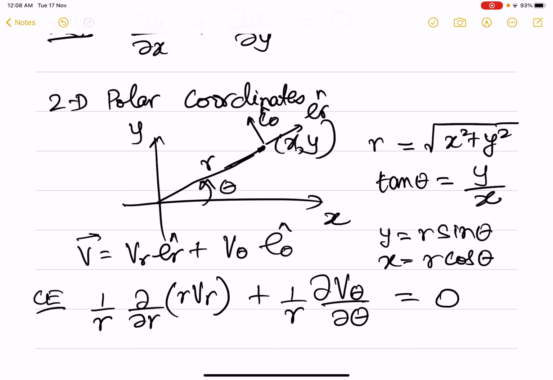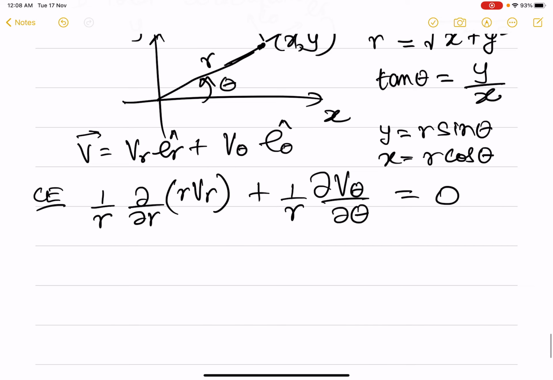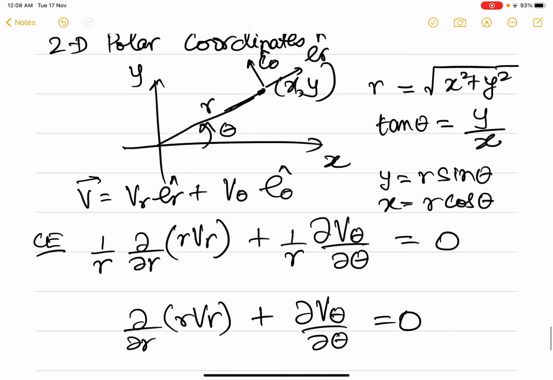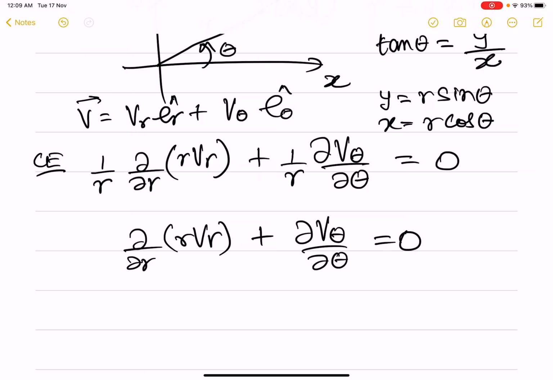Notice theta is dimensionless, whereas r has dimensions of length. Both terms have 1 over r, so this also becomes partial by partial r of r Vr plus partial V theta by partial theta is equal to 0. So this is the continuity equation in 2D polar coordinates.